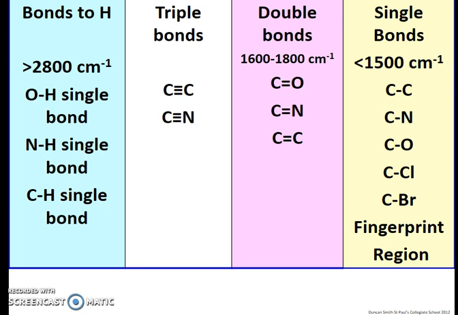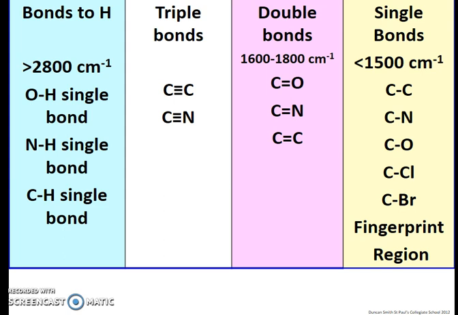Now the unit is centimetres to the -1, or wave numbers, which is simply the inverse of wavelength. That's the frequency. So at that left-hand side of the spectrum, you will find bonds to hydrogen. That's oxygen-hydrogen, nitrogen-hydrogen, and carbon-hydrogen bonds. And they all stretch at around that frequency. Triple bonds, if they occur, will be at a slightly lower frequency.